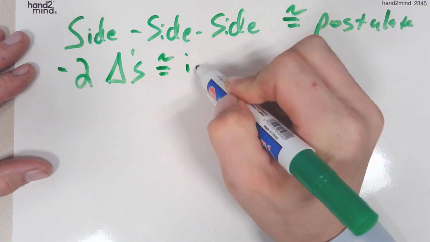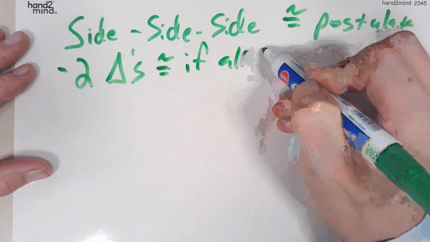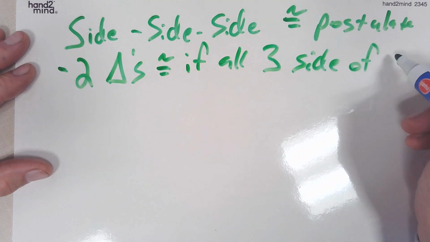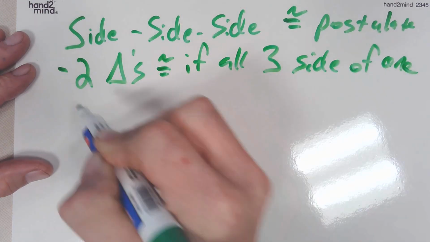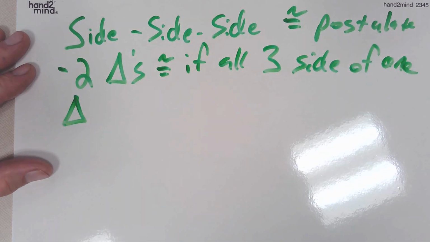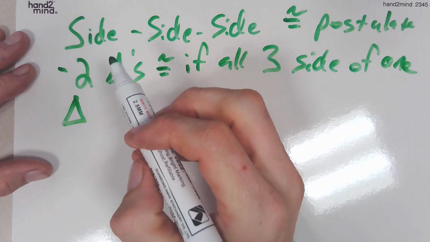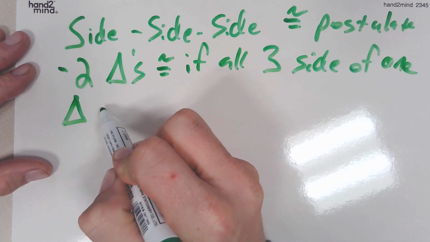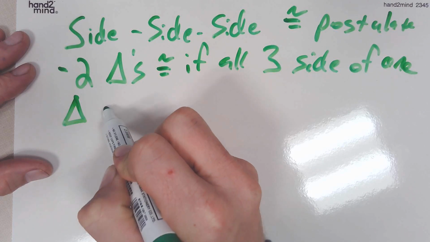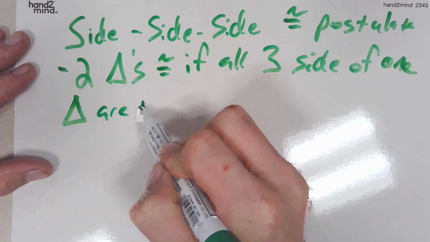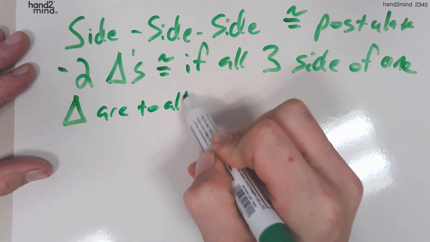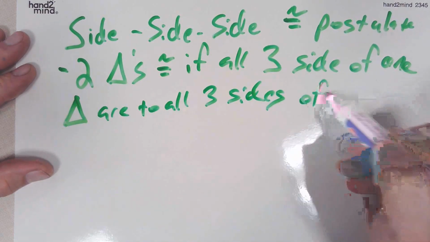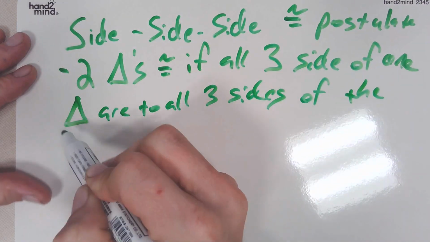if all three sides of one of the triangles are congruent to all three sides of the other triangle.